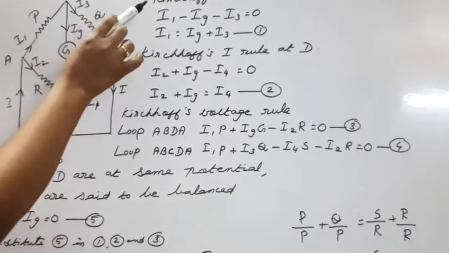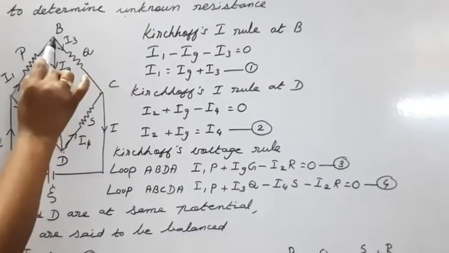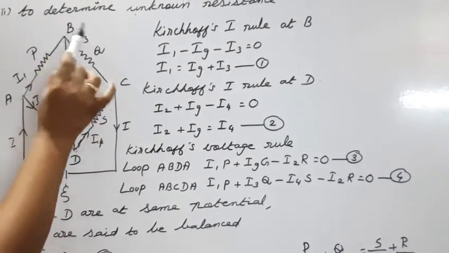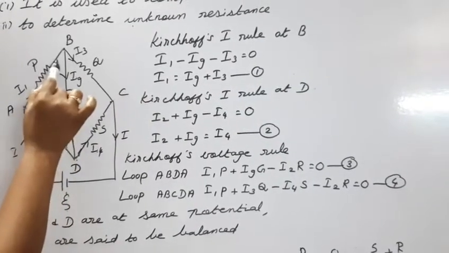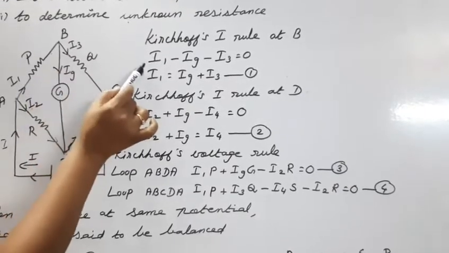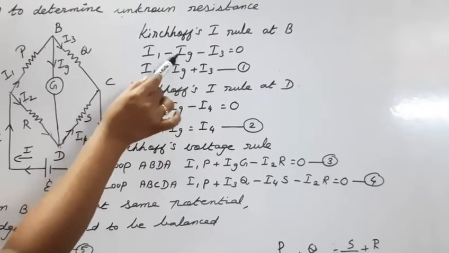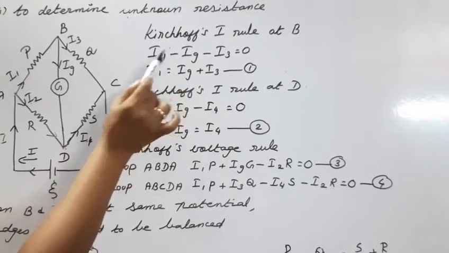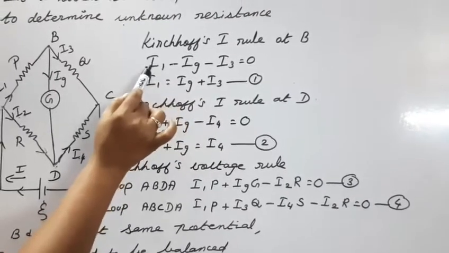And next we take Kirchhoff first rule at B. At B, current towards the point is positive and away from the point is negative. At point B, the current towards is I1, and away are I3 and Ig. So I3 and Ig we write in negative form.